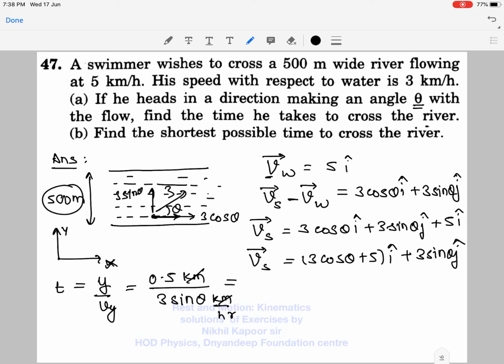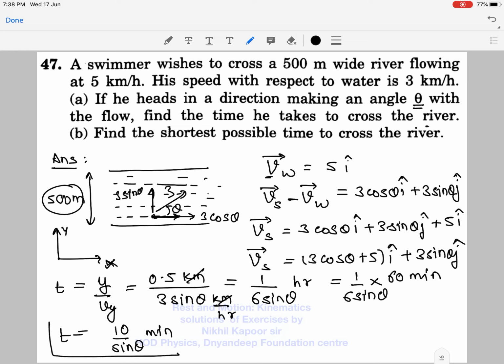So this kilometer gets cancelled. 0.5 can be written as 1 by 2, so it becomes 1 upon 6 sin theta hour. If I write this in minutes, 1 hour is 60 minutes, so the time taken will be equal to 10 upon sin theta minute. So this is the answer for the first part.